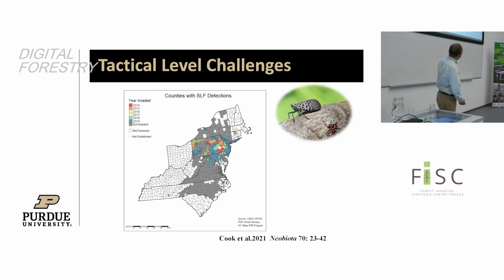Or here's another example. This is a lanternfly that was initially discovered in the state of Pennsylvania, and this is a little bit old. This is a paper published, I think, a few years back, and it has continued to spread.